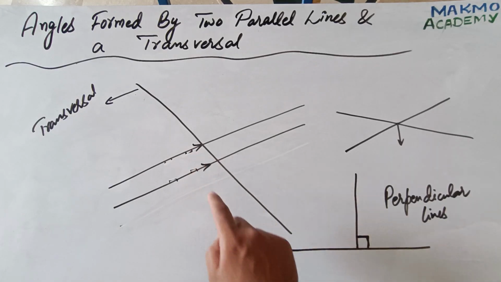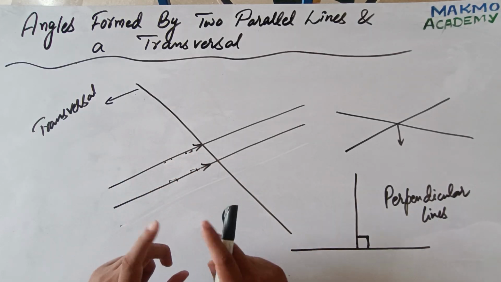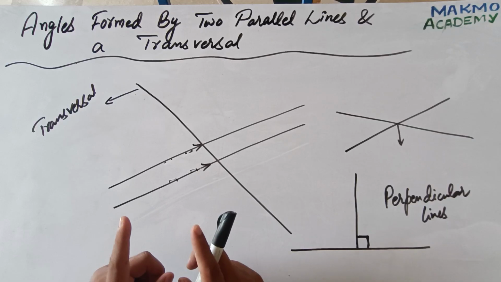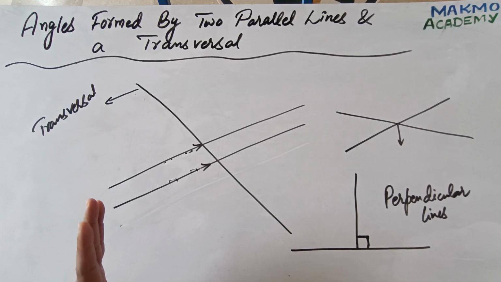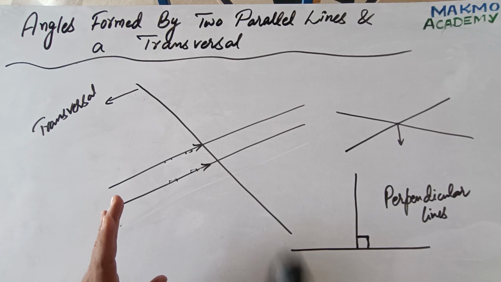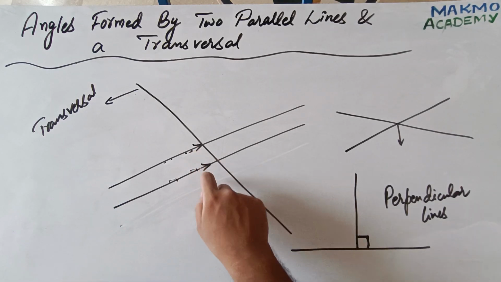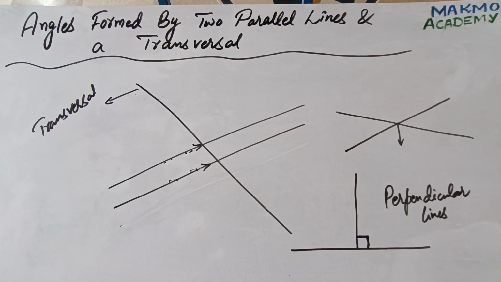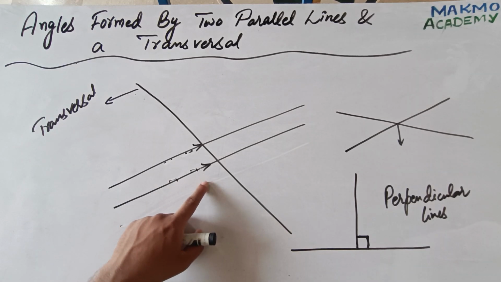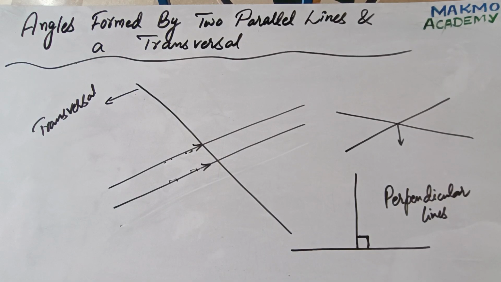These arrows indicate that these lines are parallel with each other. This is one of the major things to be kept in mind: if these two arrowheads are there, it means the two lines are parallel with each other. This is an important thing to identify whether lines are parallel or not.